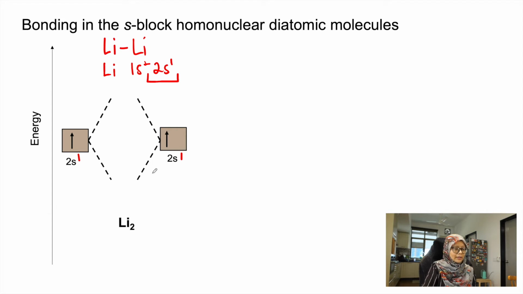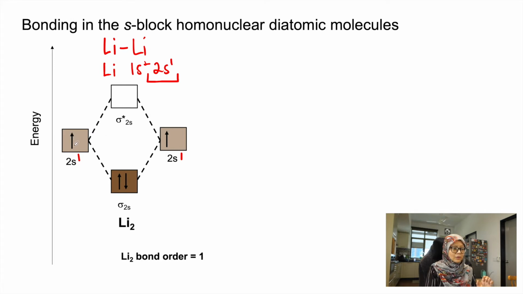Because we are dealing with s orbitals, we only have the sigma 2s and also sigma star 2s. So how many electrons? You need to add the electrons from the atomic orbitals of the lithium on your left side and on your right side.